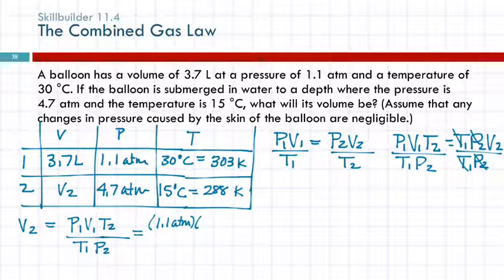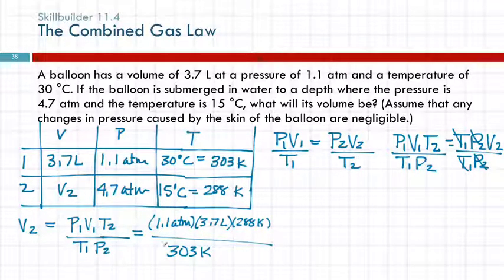Volume 1 is 3.7 liters. Temperature 2 is 288 Kelvin. Divided by, it's getting sloppy, temperature 1. Got to look at those. 303 Kelvin. And pressure 2, 4.7 atmospheres.